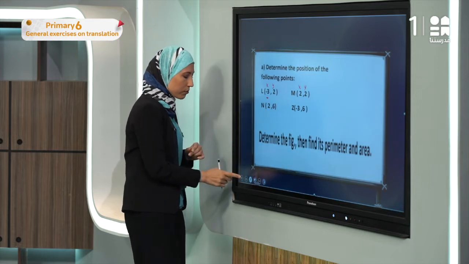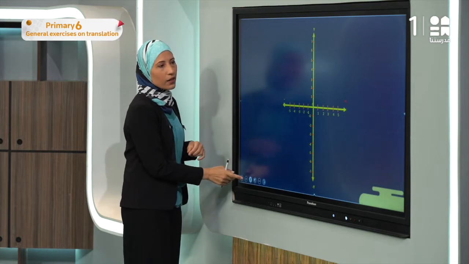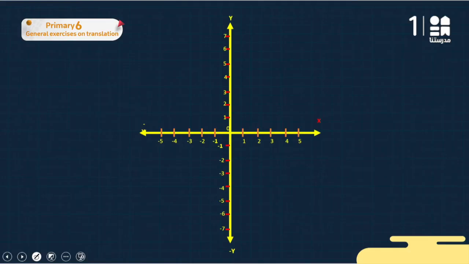Let's put our point. L was -3 and 2, -3 in X and 2 in Y. So I will put L at this point.